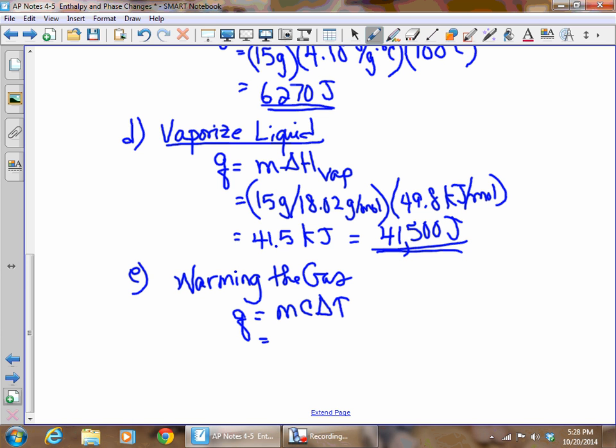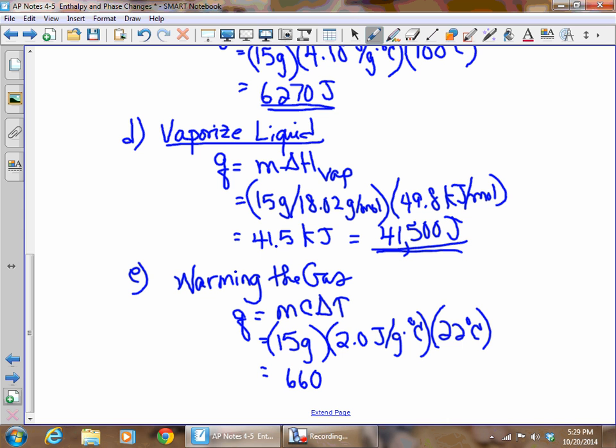I'm not going to scroll back up to the top, but if you look back up to the top, the specific heat of, oddly enough, the gas is the same as that of the solid, 2.0 joules per gram degrees Celsius. And the temperature change, if we're going from 100 up to 122, that's a 22 degrees Celsius change. So we end up with 660 joules for this value.